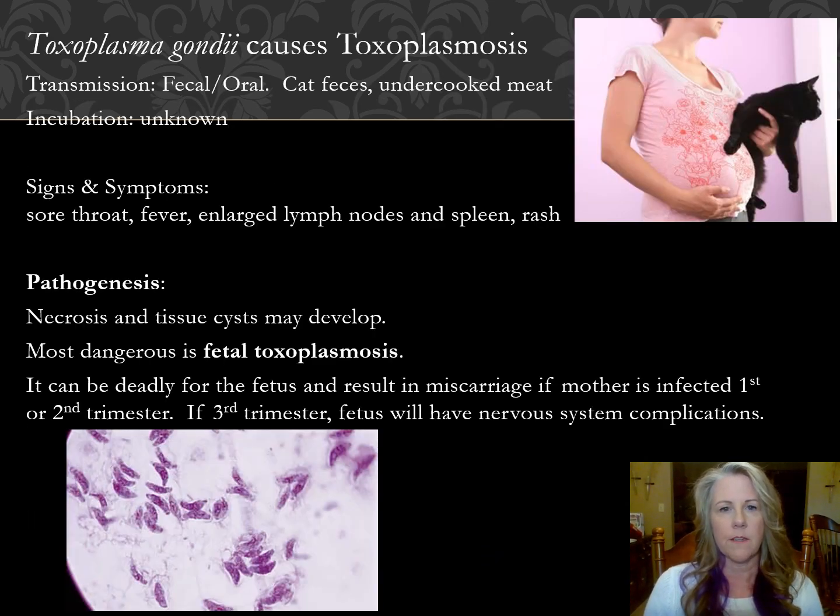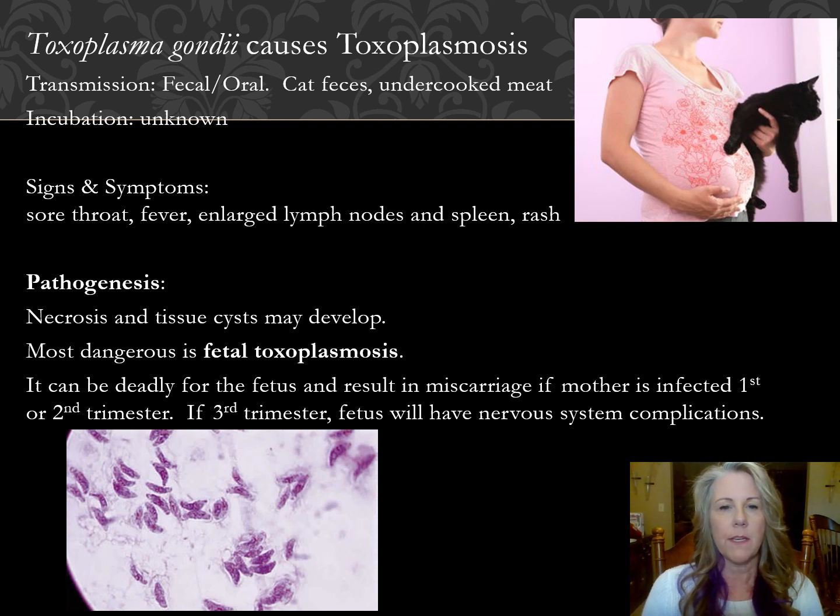Our next organism we're going to talk about is Toxoplasma gondii, which causes toxoplasmosis. The transmission is fecal-oral, most of the time by cat feces. It can remain viable for up to a year outside of the body.